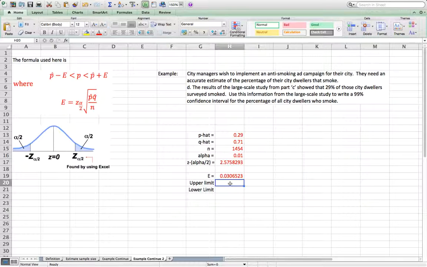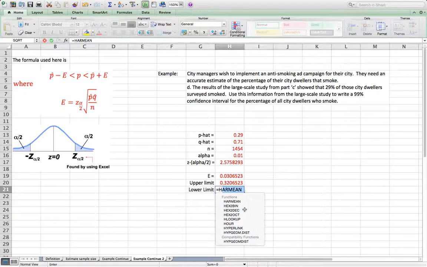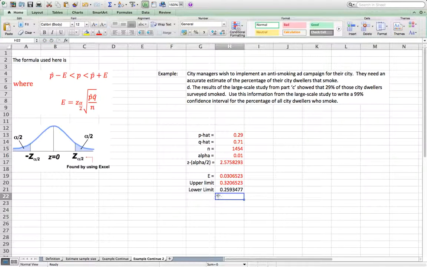Now the upper limit of the confidence interval will be p hat plus the margin of error. So p hat is in H13 plus the margin of error, H19. Okay, the lower limit will be H13 minus H19.